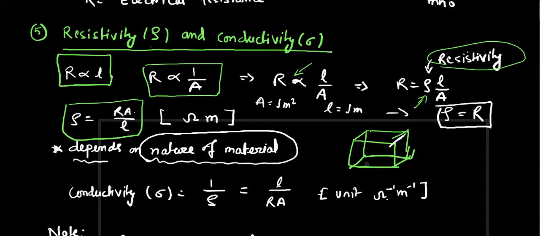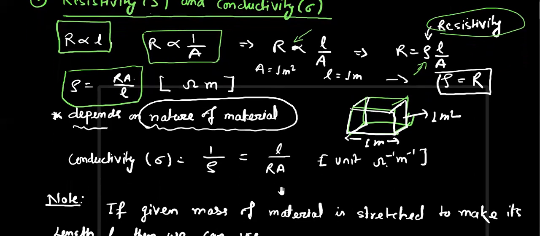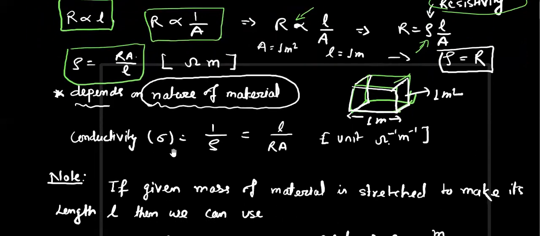So by definition, resistivity is equal to the resistance of a conductor having cross-sectional area 1 meter square and length 1 meter. Resistivity only depends upon the nature of the material, and the reciprocal of resistivity is known as conductivity, represented by sigma, and the unit is per ohm per meter.